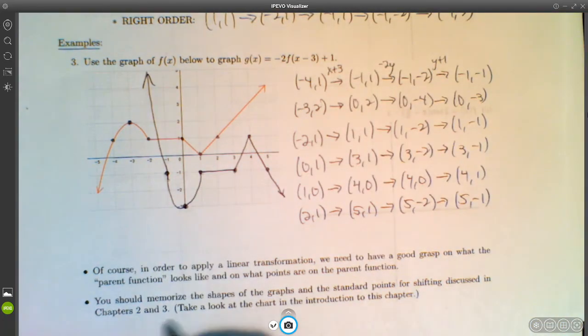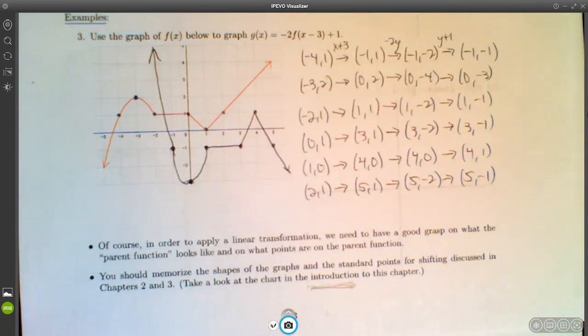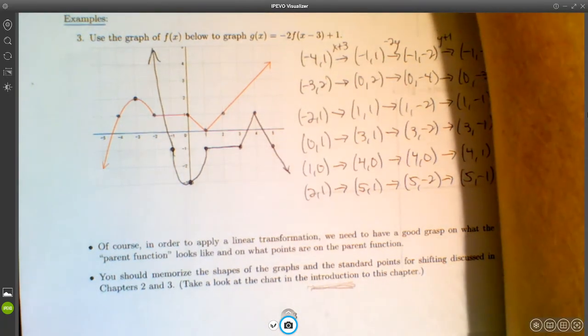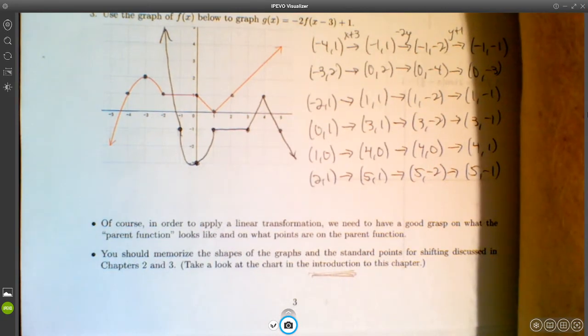Or, alternatively, take a look at the chart in the introduction to this chapter. If you didn't watch that video, make sure you watch it and fill in the blanks in that chart, because it has all of the shapes of the graphs along with the standard points that I want you to transform. So let's practice doing some of these things from memory.